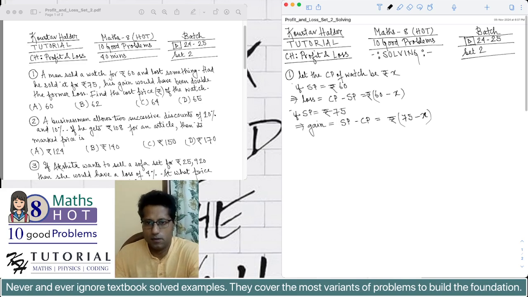In calculating the loss earlier, I made a mistake. It is cost price minus selling price, which is rupees x minus 60.